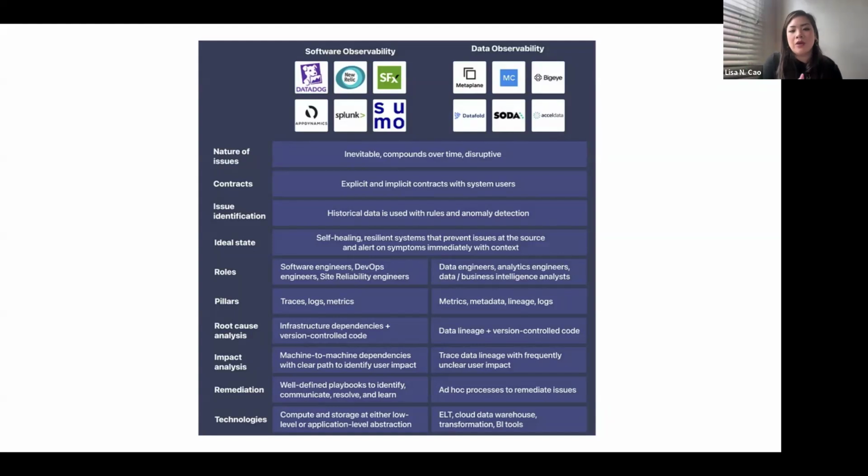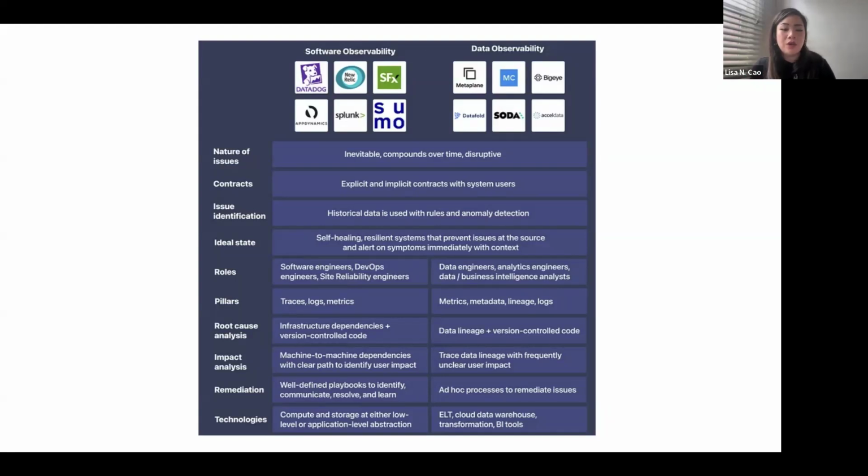But generally speaking, there are some differences, right? In terms of the pillars specifically in this chart and the root cause analysis, where you're getting the metadata and what you're actually doing to explain some of the events that you're seeing is going to come from very different places versus just logs. You're going to have metadata and lineage that come from different pieces of the data pipeline, and that's going to have very different tools that emit this kind of data.